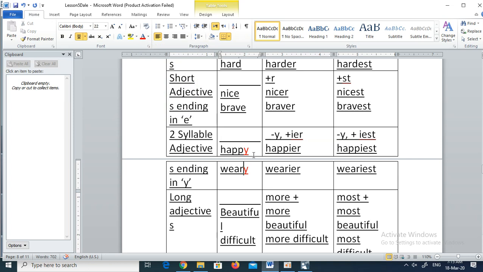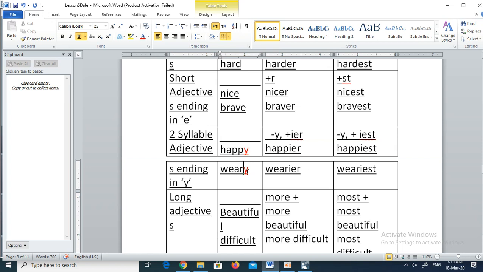So happy drops the Y and we add an ER to make the comparative degree, and it is happier. Happy drops the Y in the superlative degree and we add EST and it becomes happiest.